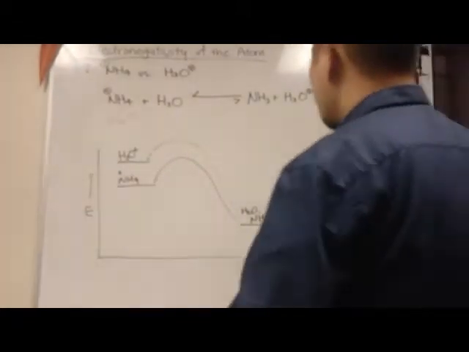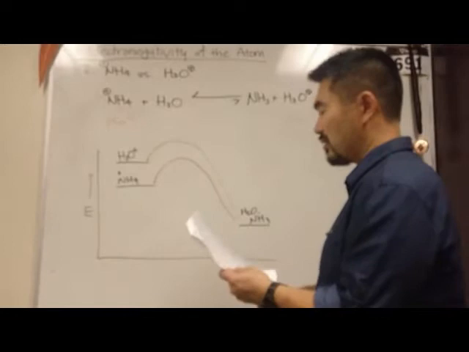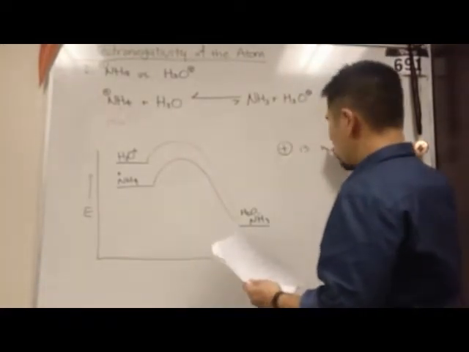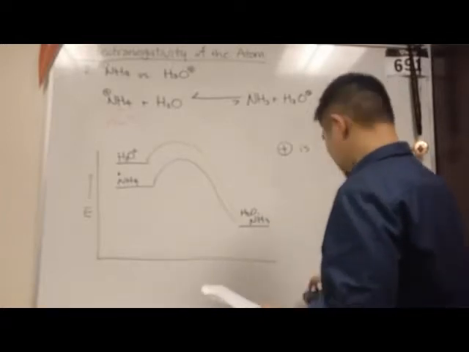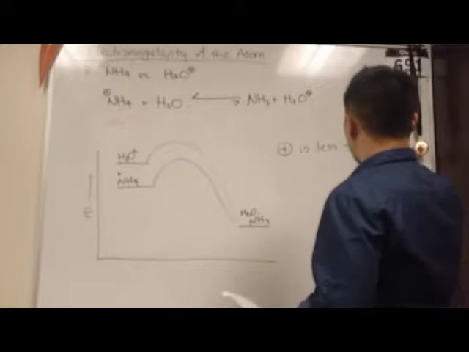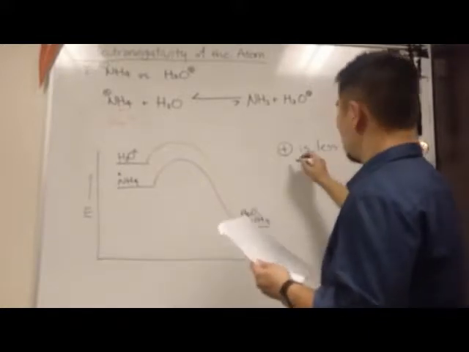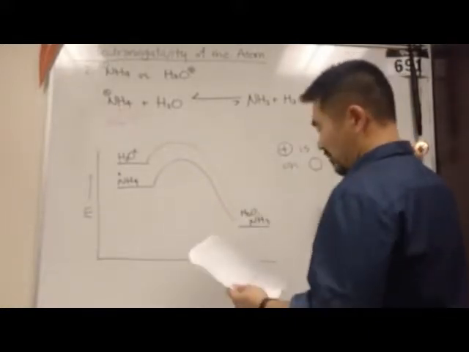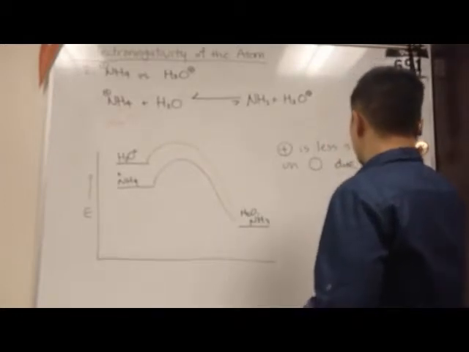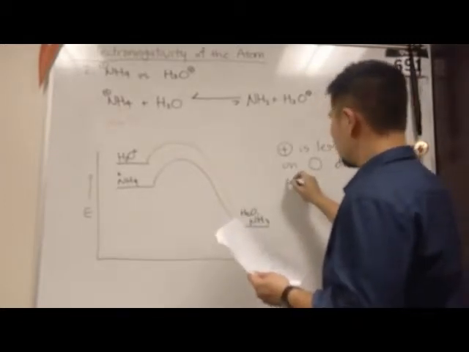So to summarize the comparison between these two reactions, we're saying that the positive charge is less stable on oxygen atom compared to nitrogen due to, once again, the electronegativity.